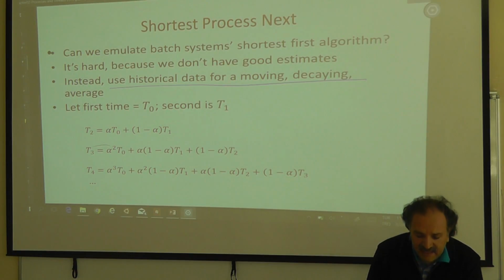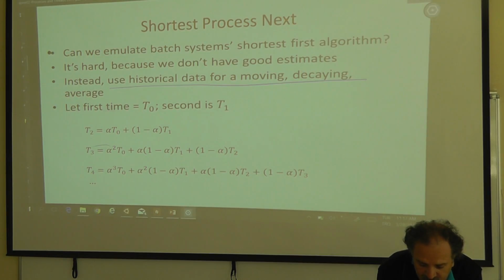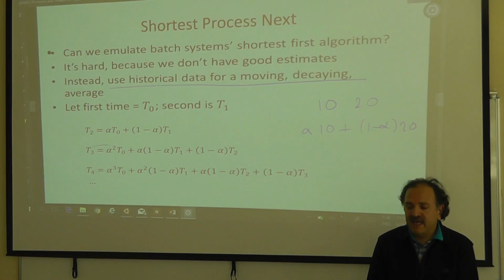Let's say the first time my interactive process used time T0, maybe 10 milliseconds, and the second time it used 20 milliseconds. So I would expect something like this: alpha times 10 milliseconds plus 1 minus alpha times 20 milliseconds is my expectation now.